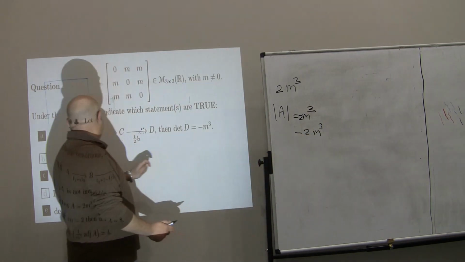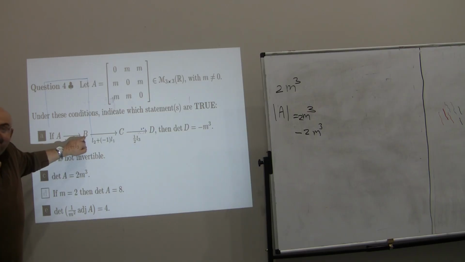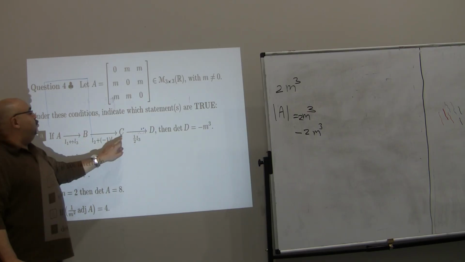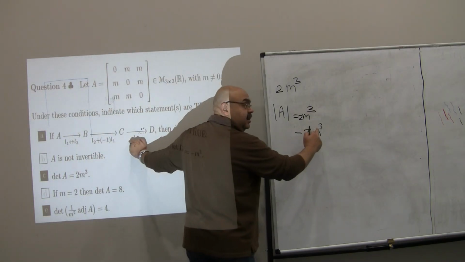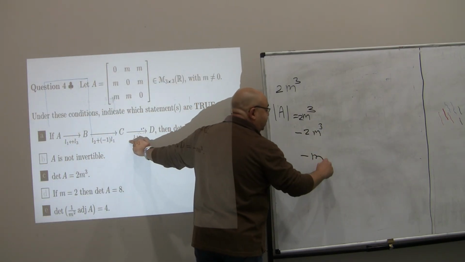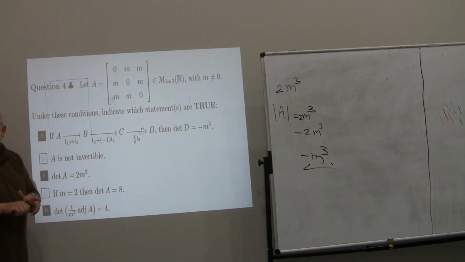This step is this guy for me. Then adding a multiple of a row to another row is not going to do anything. صح؟ Then once you multiply a row by a value, this value will multiply the determinant. So it will change to be negative m cubed. So the first statement is correct. Are you with me, فريد؟ خلاص؟ اوكي بسرعة.